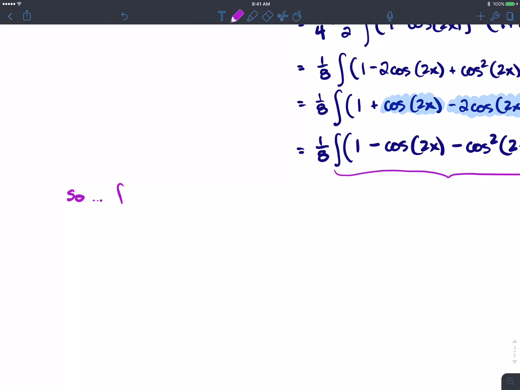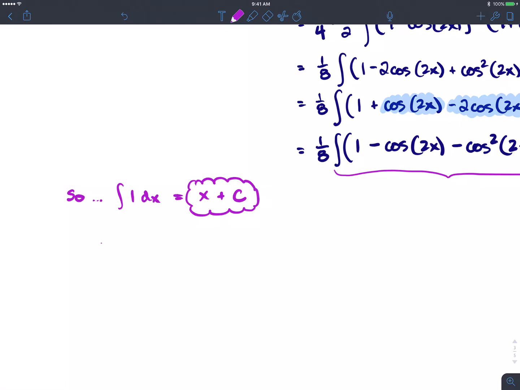Let's start off easy. So let's do the integral of 1 dx. That's just going to give us x plus c. All right, so we're going to put that off to the side and talk about that again later.